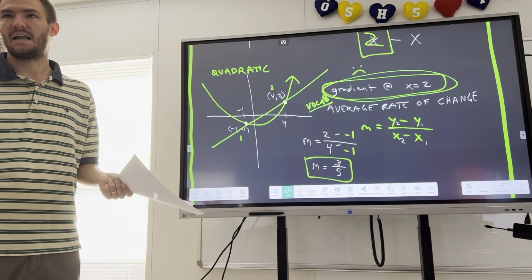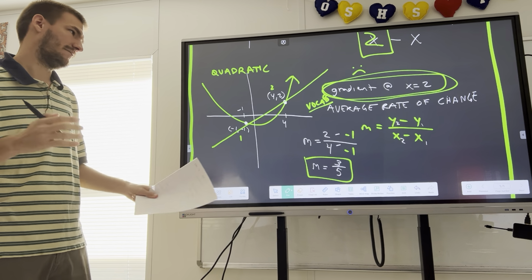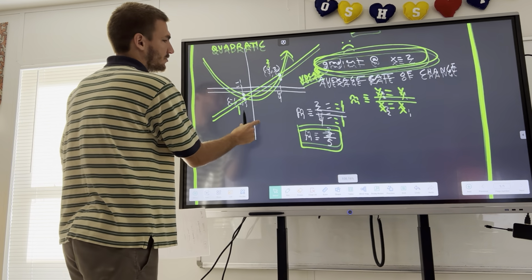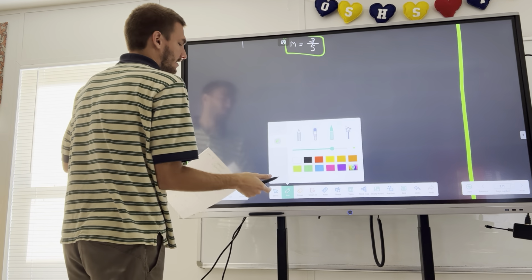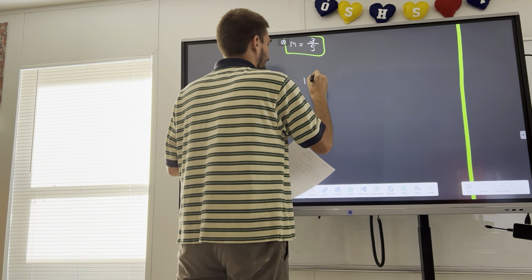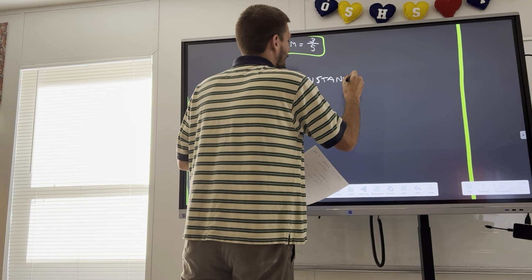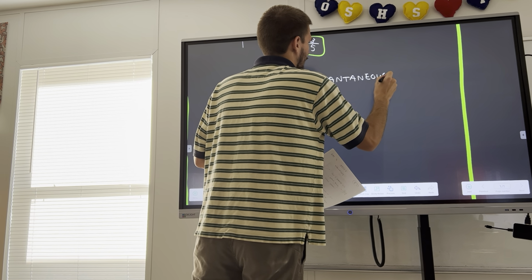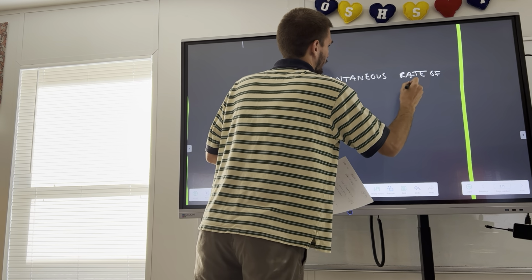We have not found that exact instantaneous rate of change. So now we're going to introduce our second vocab term. And this one sounds a little bit more crazy, but it's, again, not all that crazy. The instantaneous rate of change.